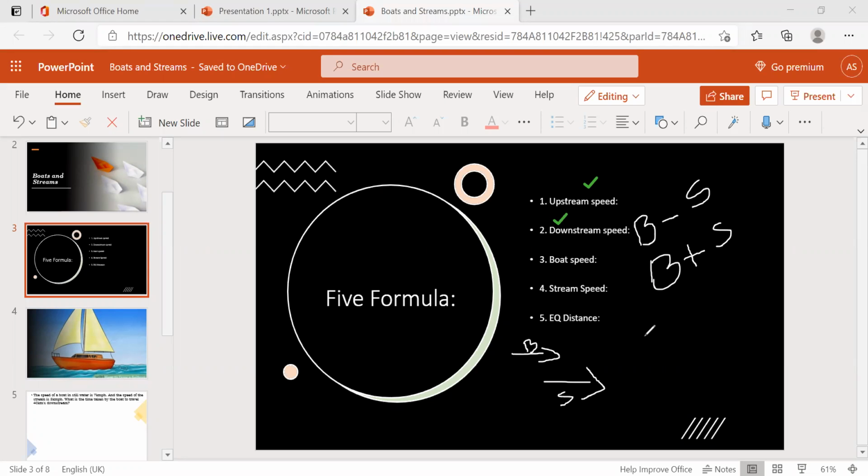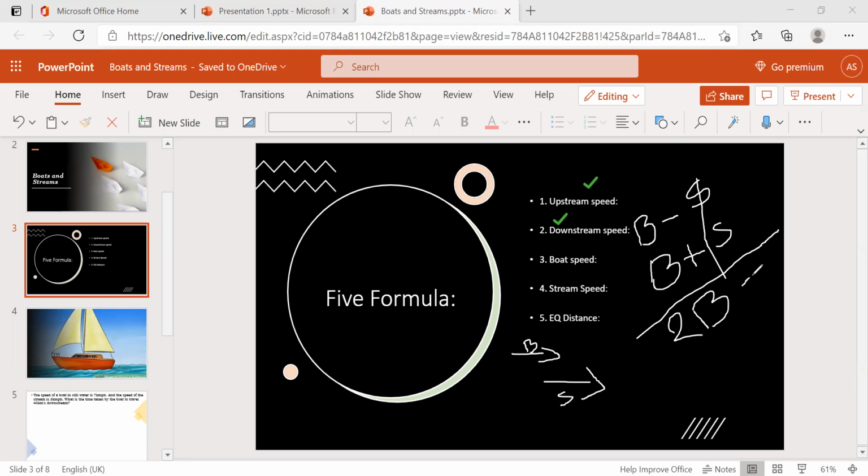If they give these two terms, how are we going to calculate? If you add the upstream speed and the downstream speed, the s will get cancelled, and we get 2b.